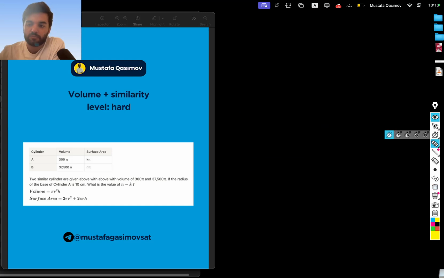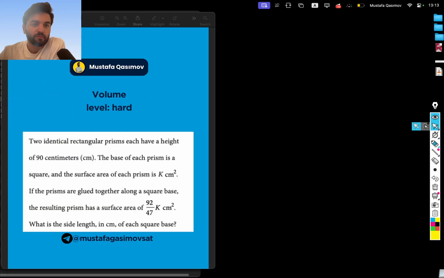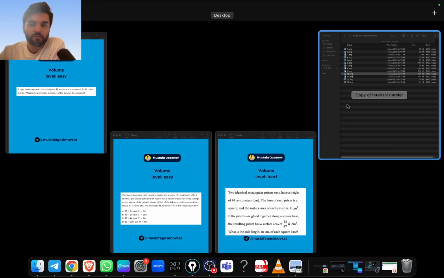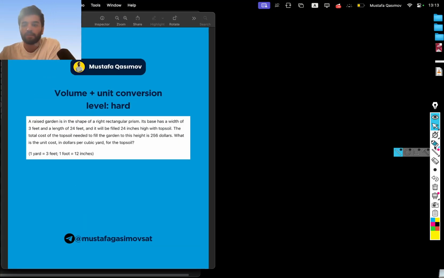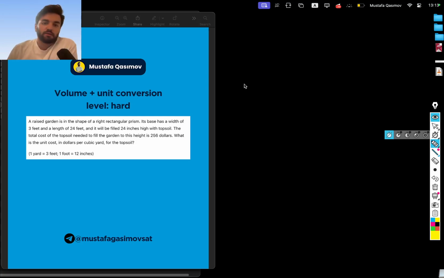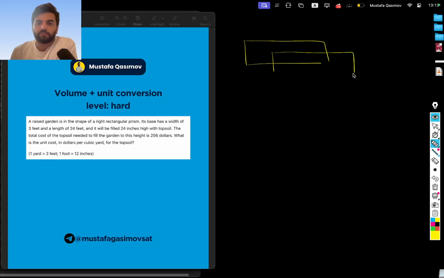Let's continue. We have a rectangular prism like that. It says that its length is equal to 24 feet.